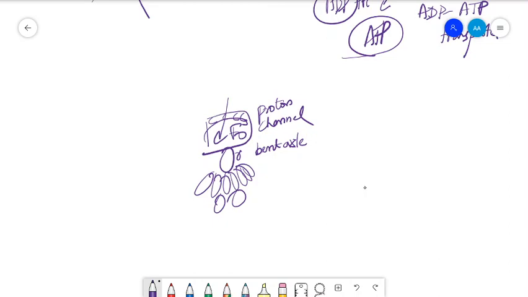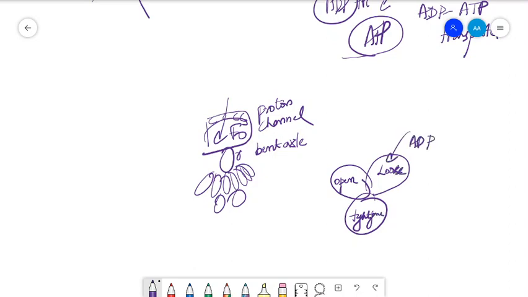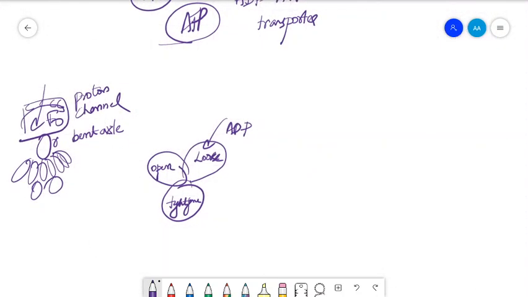This beta subunit can exist in 3 forms, one at a time: a loose form, an open form, and a tight form. The loose form receives the ADP. So ADP binds to the loose form. Then this undergoes a 120-degree rotation. Now the loose form will be here, the open form here, and the tight form here, right?